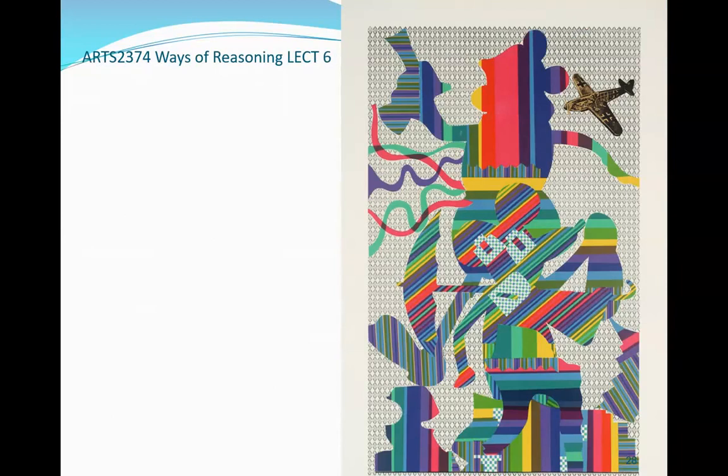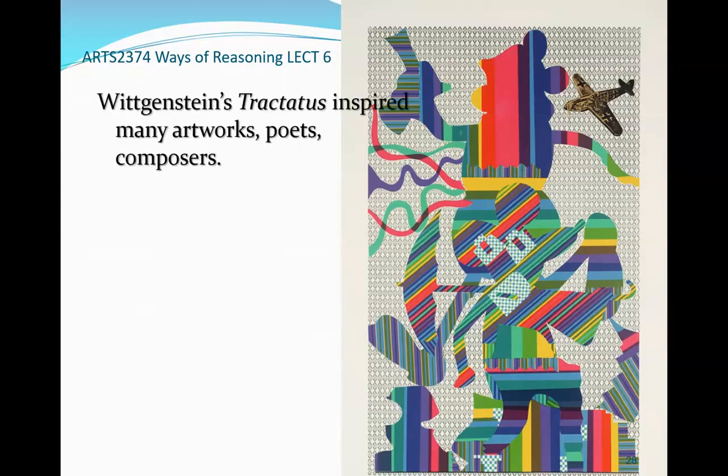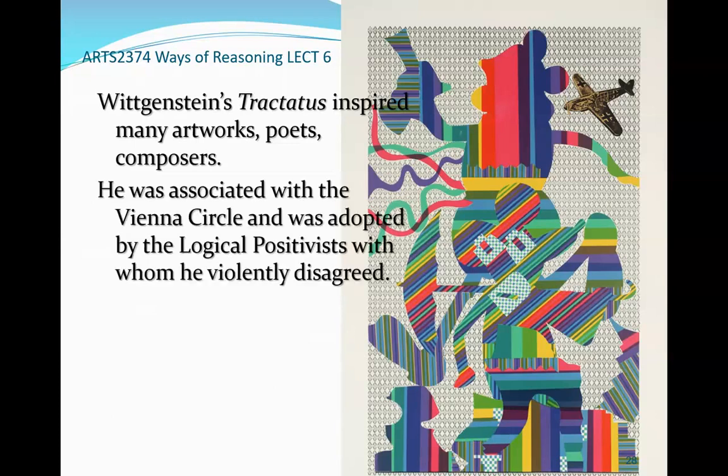This book, a very short book, was enigmatic, and it influenced all sorts of people, artists and poets and composers, and also philosophers. And he was associated with the Vienna Circle, a group of scientifically minded, left-wing and progressive philosophers in Vienna.